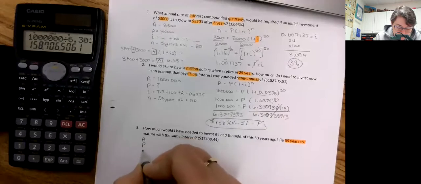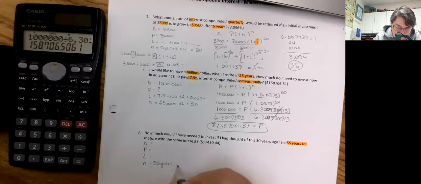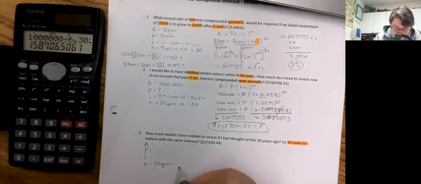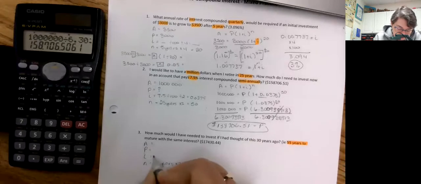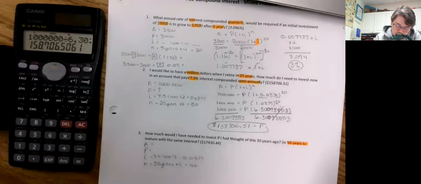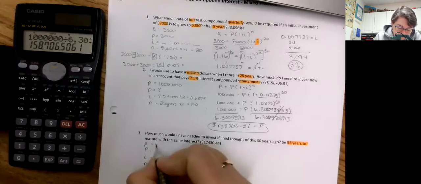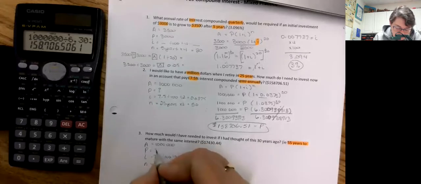A, P, I, N. 55 years, and I am doing it semi-annually, so that's times 2. So it's going to be 110. And the interest is going to be exactly the same: 7.5 divided by 100 divided by 2 is equal to 0.0375. I still want $1 million, and principal is what I'm looking for.